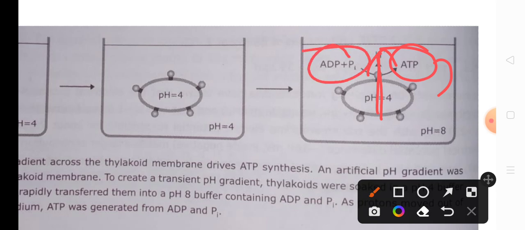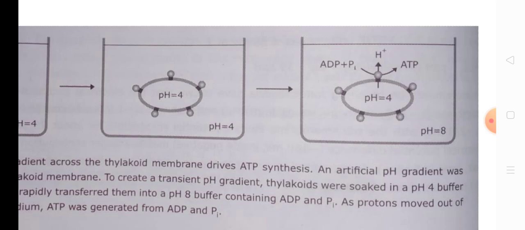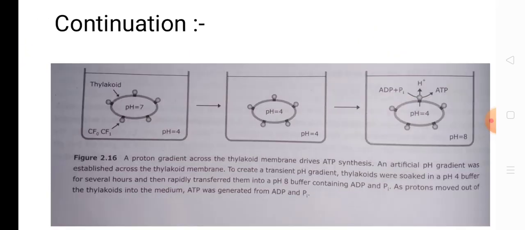So that tells us that yes, the transmembrane proton gradient, or electrochemical gradient, or pH gradient has the ability to synthesize ATP. That is what the chemiosmotic theory wants to tell us. So that is the idea.